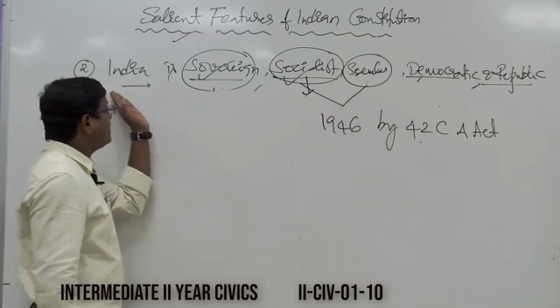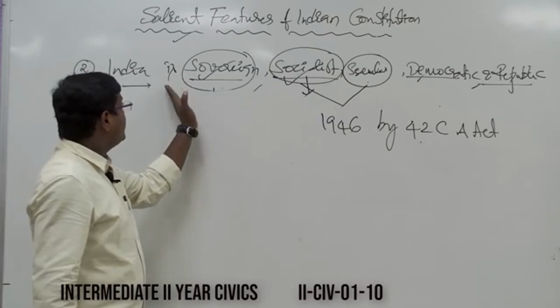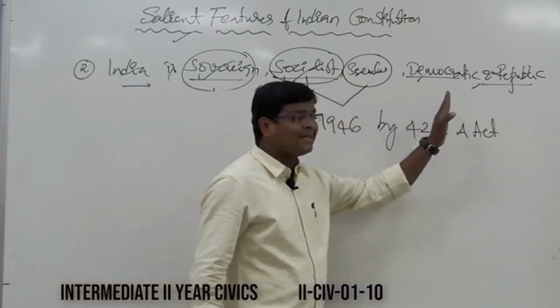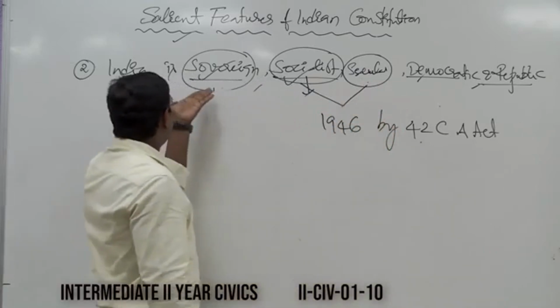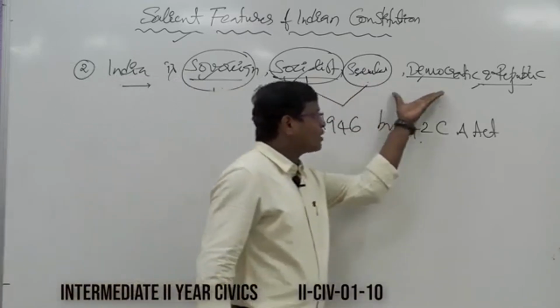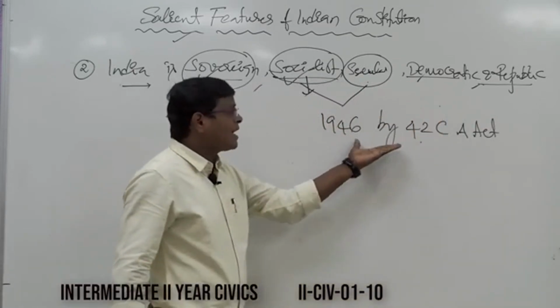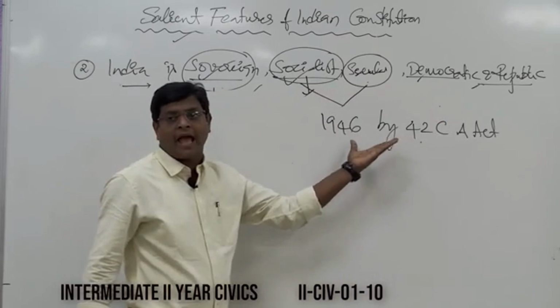Now the preamble considers India a sovereign, socialist, secular, democratic republic. Before that, India was a sovereign, democratic republic. That is the change after the 42nd Constitutional Amendment Act.